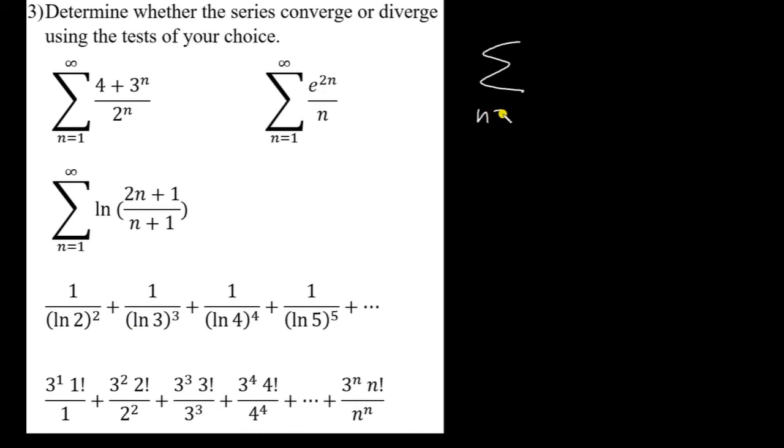N equals 2 to infinity. And then what's inside the sum, we have 1 over the natural log of n raised to the n, right? So this is what we're trying to figure out. And since 1 to the n is equal to 1, I can rewrite the sum like this, just to make it a bit clearer what test we're going to use.